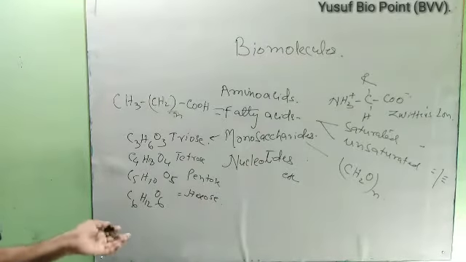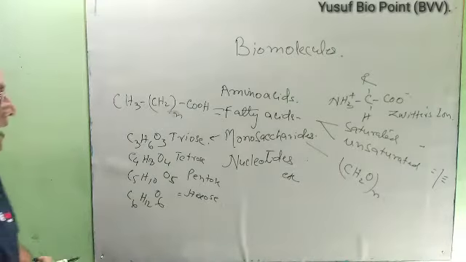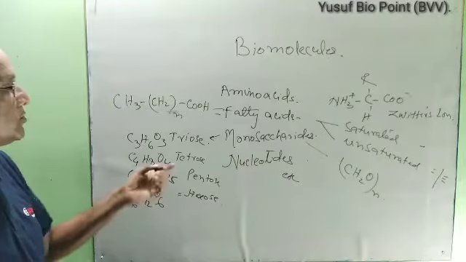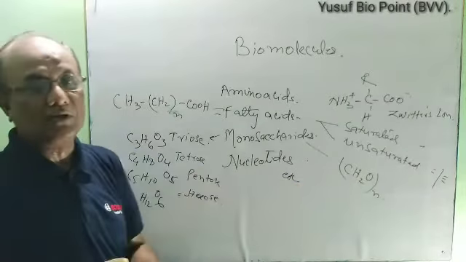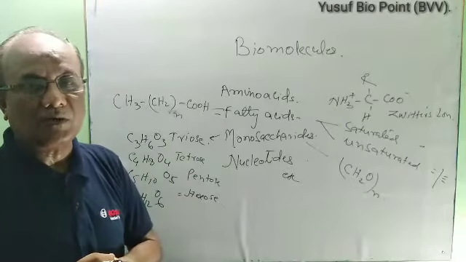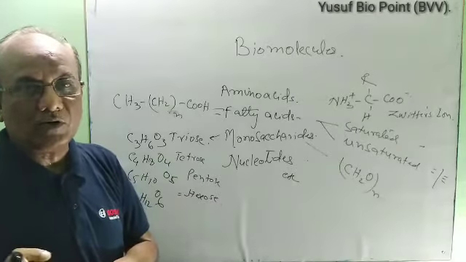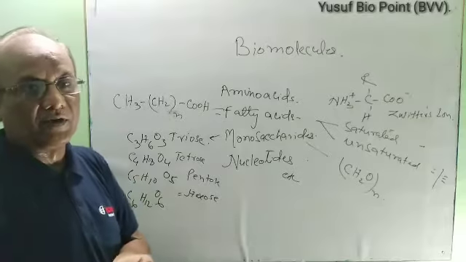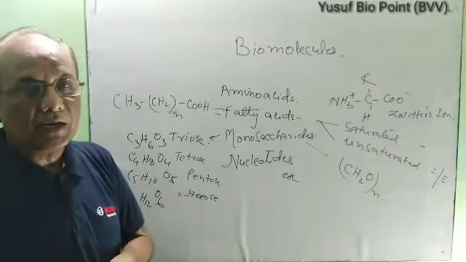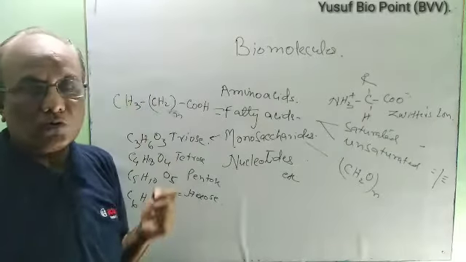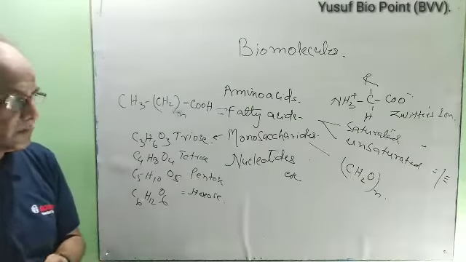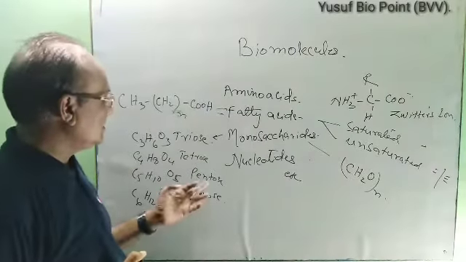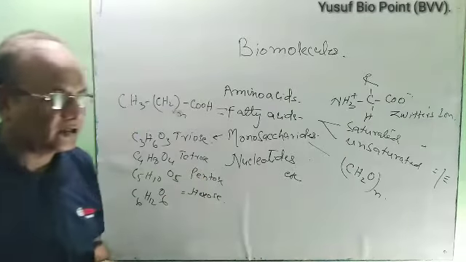An example is glucose. Monosaccharides have one single unit. When two monosaccharides combine, they form a disaccharide. For example, sucrose is made of glucose and fructose, that is pentose and hexose.